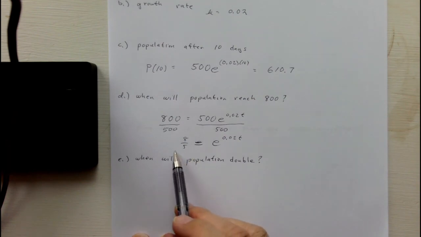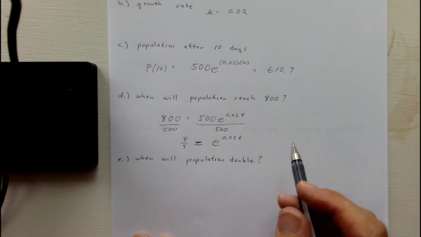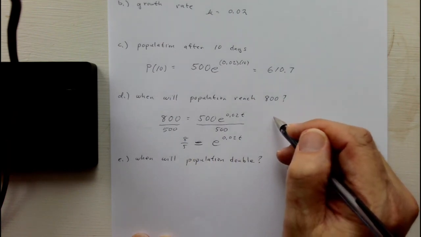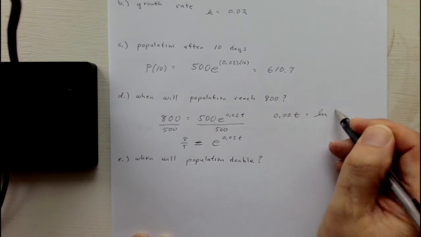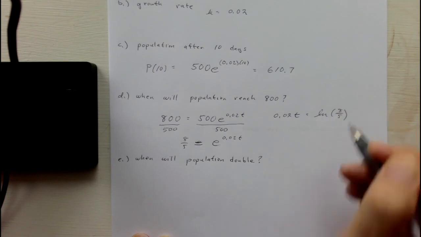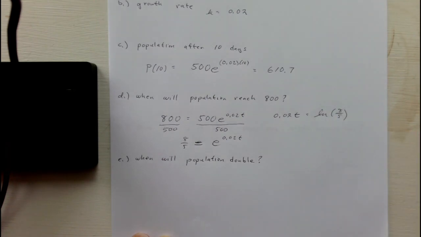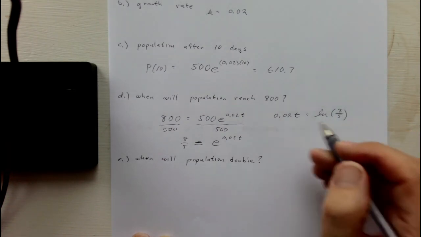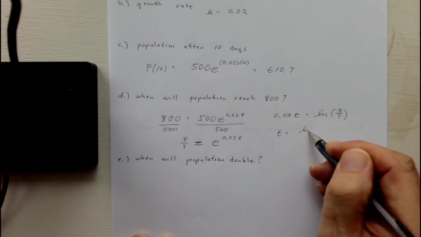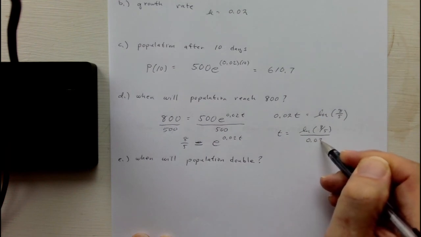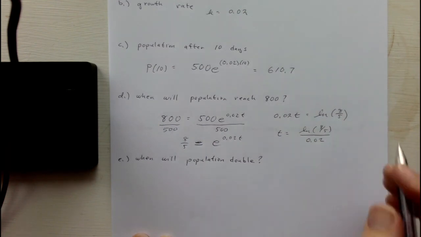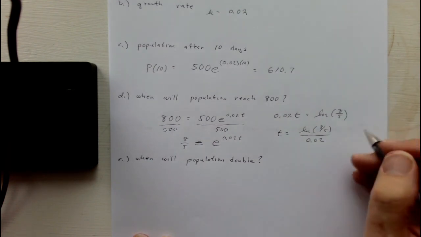And then we can take the natural log of both sides and simplify, and that will tell us that 0.02 times t is in fact the natural log of 8/5. And so t is going to be the natural log of 8/5 divided by 0.02, which is 23.5 days.